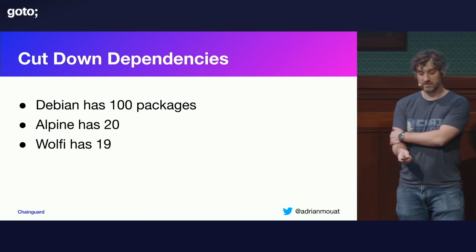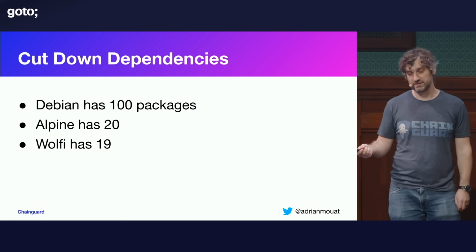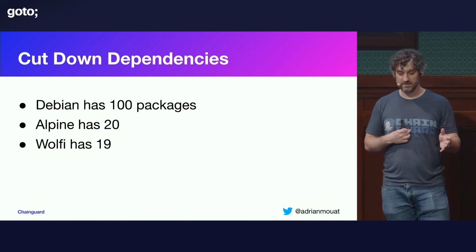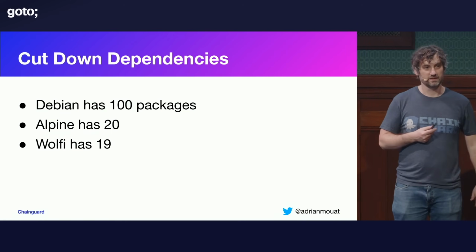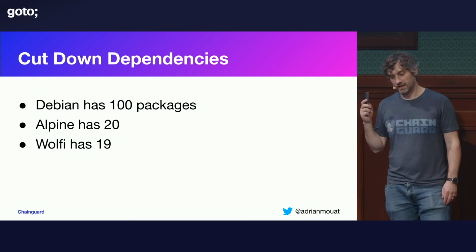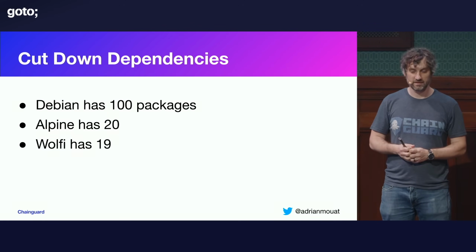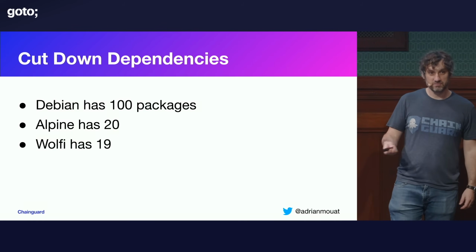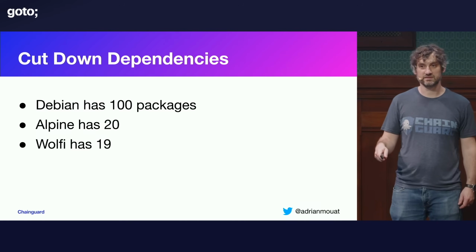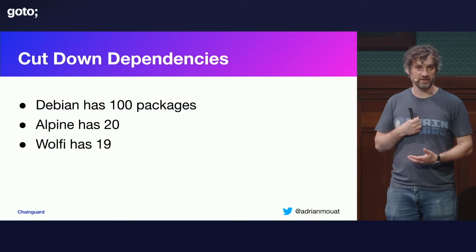So, cutting down dependencies. If you go back to the Redis example, we saw there's 100 packages in Debian, but only 20 in Alpine, and only 19 in Wolfi, which is the Chainguard Linux distribution we use. This just comes down to complexity and reducing the amount of stuff in the container. All these images do pretty much the same thing. I think you'll be hard-pressed to find a difference between running Redis in the Debian image and the Alpine and Wolfi images.